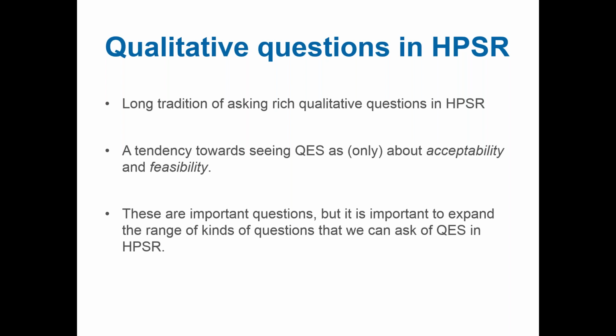But there is a tendency towards seeing QES as only about acceptability and feasibility research. These are important questions, but it is important also to expand the range of questions that we can ask with QES in health policy and systems research. And I have pointed out in my very first slides the 5 or 6 domains that we're talking about.